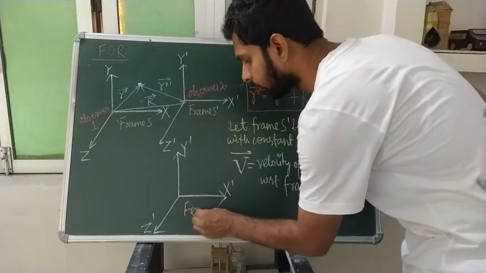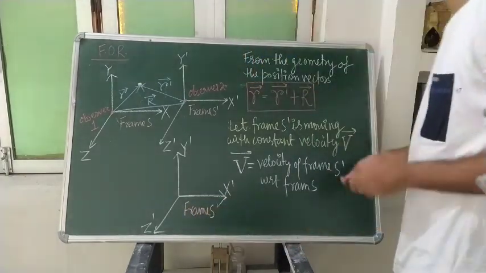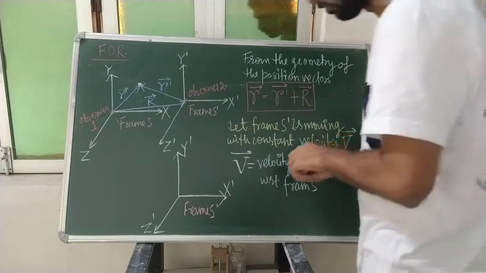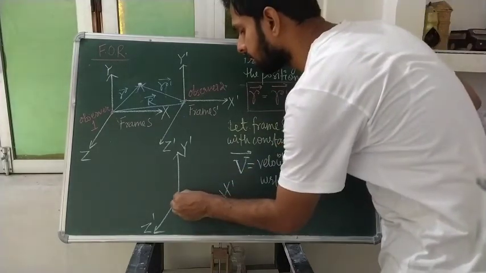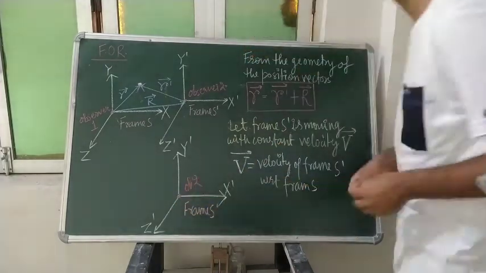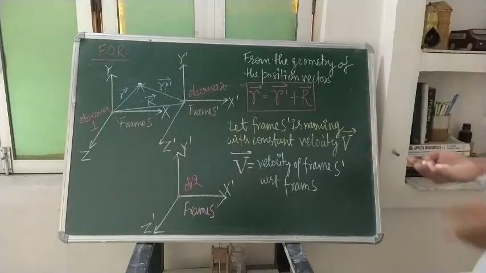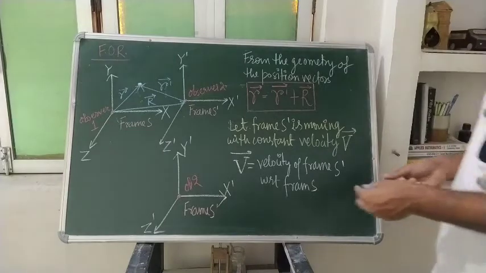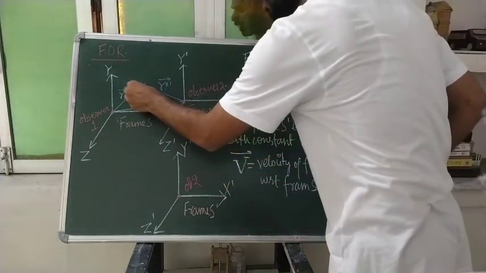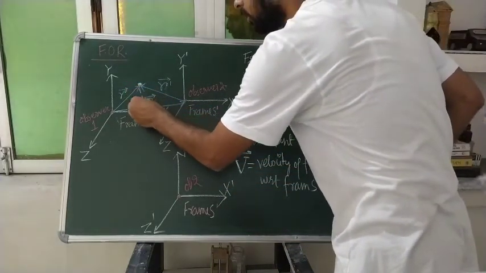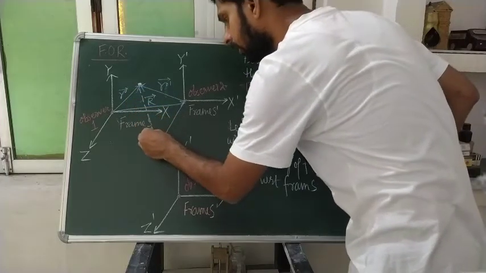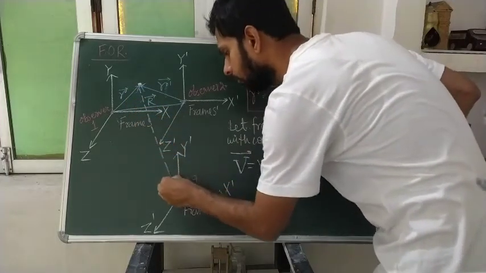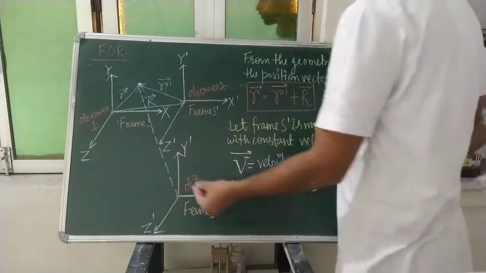Our frame S prime, with observer 2 present at its origin, will look at the object and find a position vector different from the first situation.